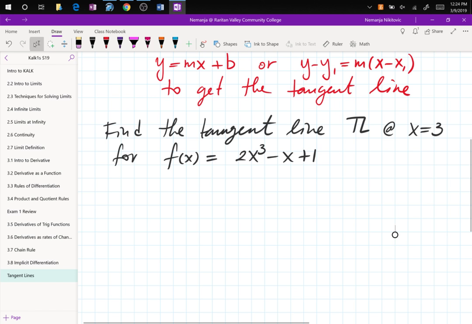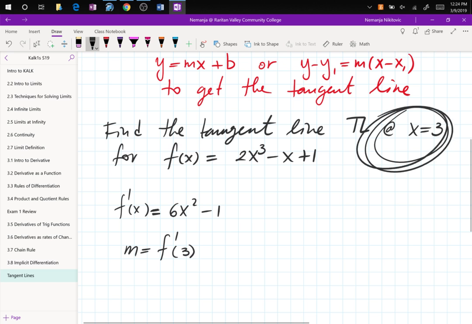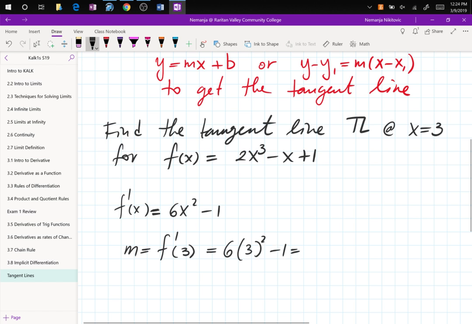So the procedure is to find the derivative, which is 6x squared minus 1, and then to find the slope you will compute the derivative at the value 3, because that's where we are interested, right? At 3, that's given to us, which will be 6 times 3 squared minus 1. 3 squared is 9, 6 times 9, 54, minus 1 is 53.